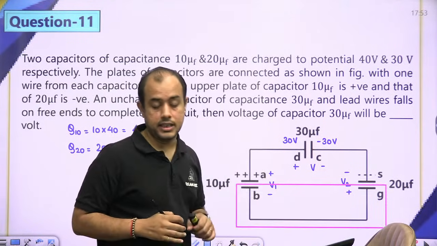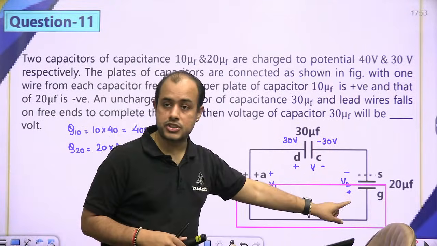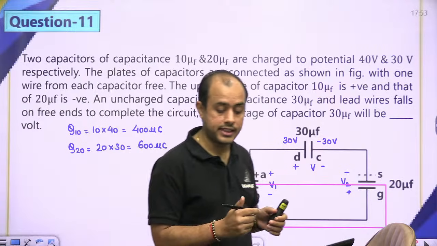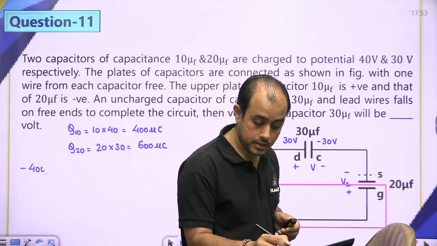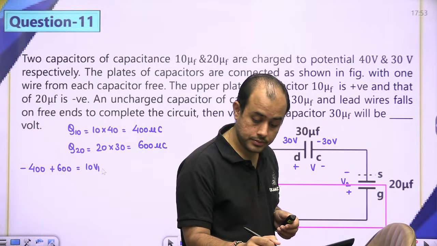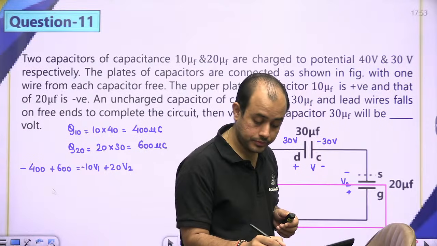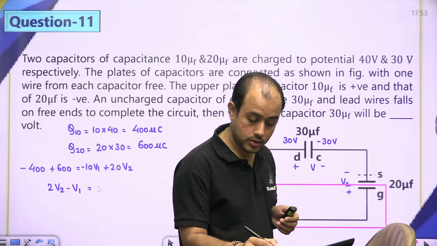I will say, beta, first of all, the negative charge on this and positive charge on this, the total should be the same. So minus 400 plus 600 should be equal to 10V1 minus 10V1 plus 20. 600, 200 by 10 is 20.